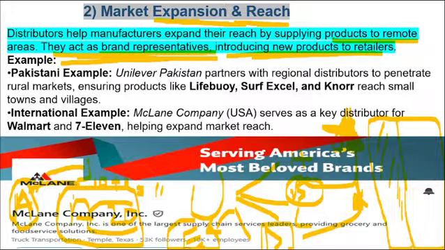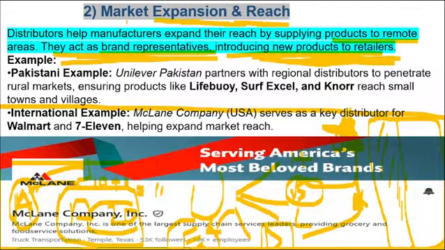So he generates the order from the retailers and gives the order to the distributor, and the distributor tells Unilever that you also have to make a greater number of units of E, so that you can grab the market. Okay, so this is how they are introducing new products to the retailers. So this is how a chain works.